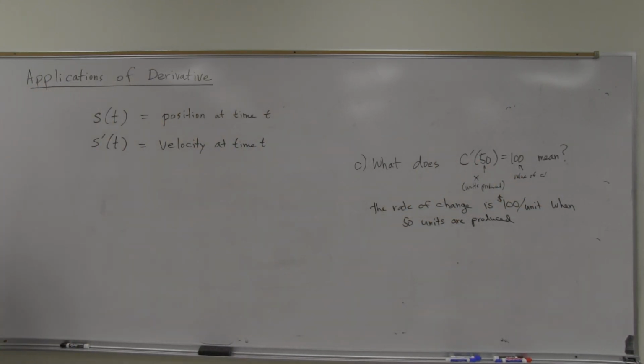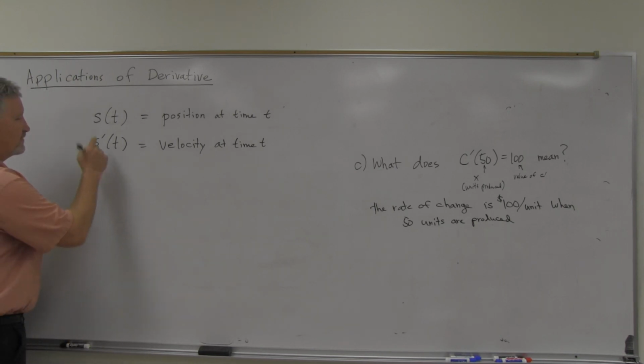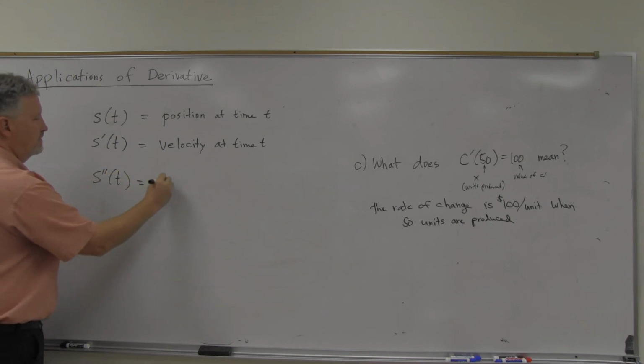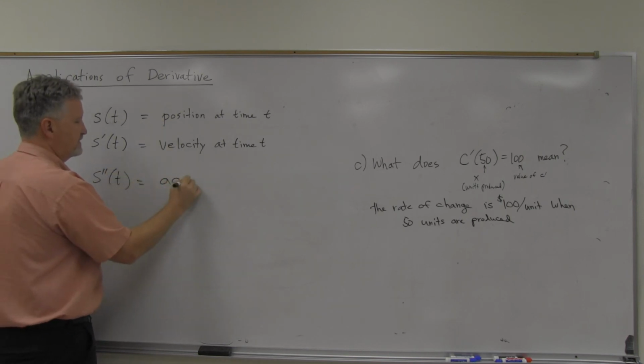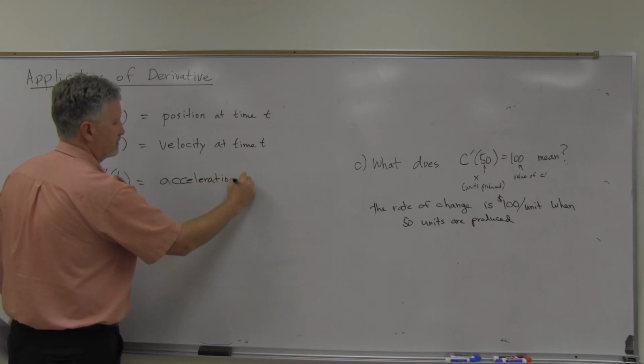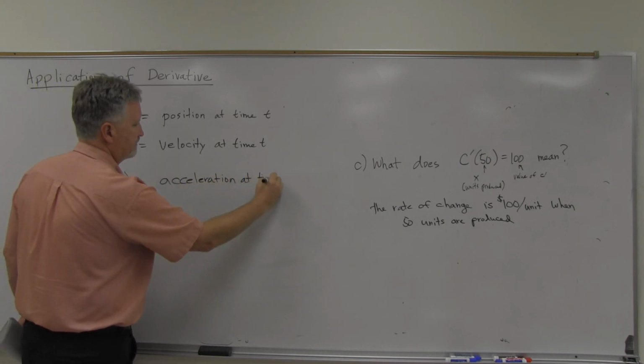Whether it's increasing or decreasing. So if I do the derivative of the velocity, the derivative of the derivative, that gives me the second derivative. Here's an application of the second derivative. The second derivative of the position is the acceleration at time t.